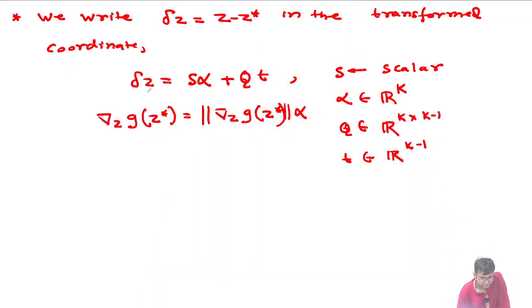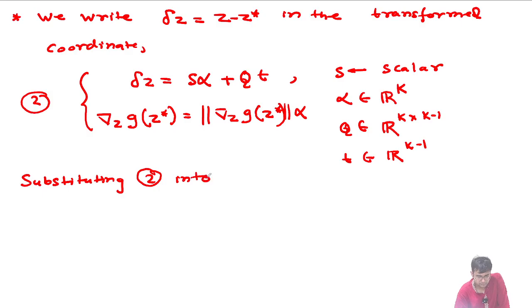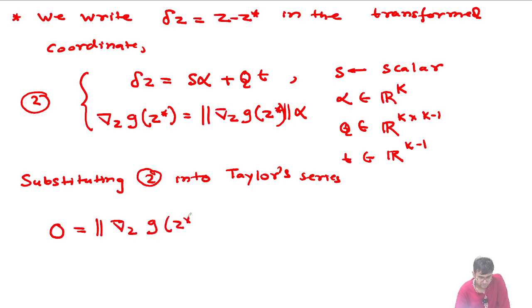And now substituting these two, let's call it equation 2. So substituting 2 into Taylor series, what we get is as follows: 0 is equal to, or rather approximate, but I am writing equal to, g of z star, and this is a scalar, so transpose will not act on the scalar, it does not matter.